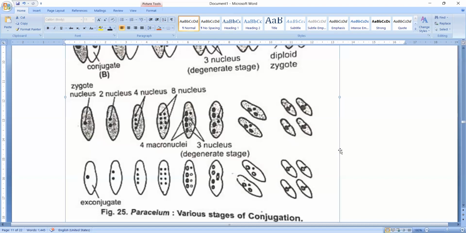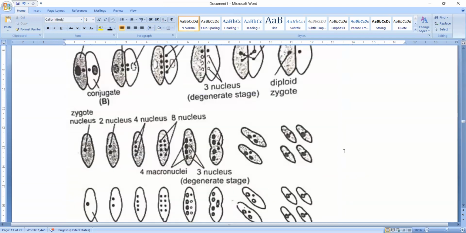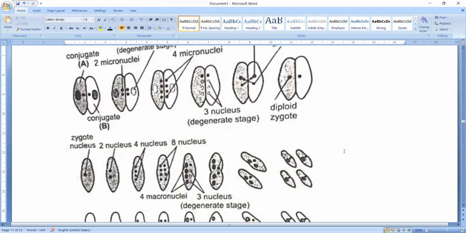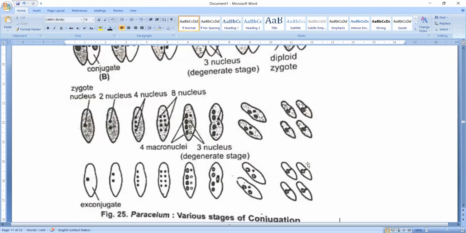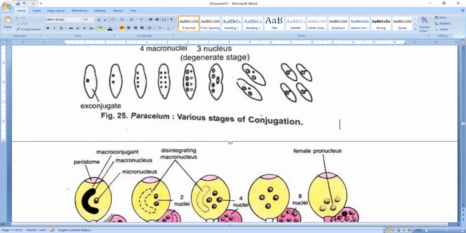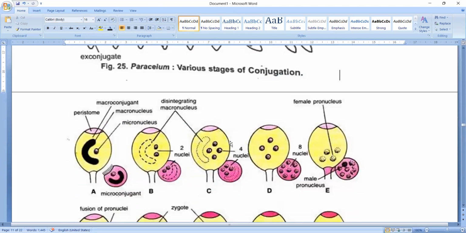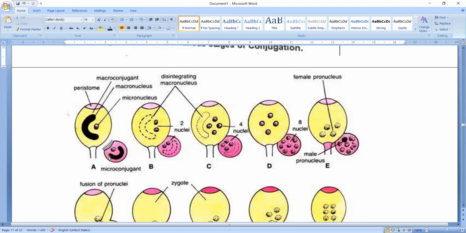So this is how conjugation in Paramecium takes place. A total of 8 daughter paramecia are produced. This is another diagram, an example of multiple fission and conjugation.